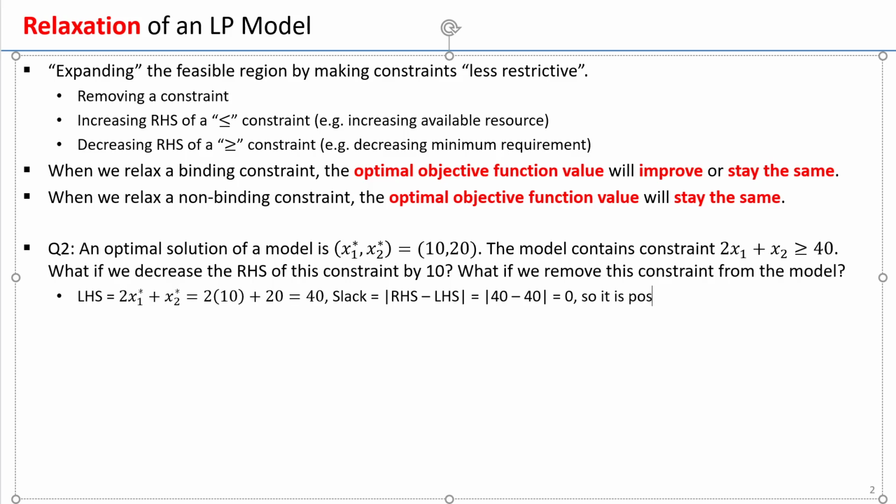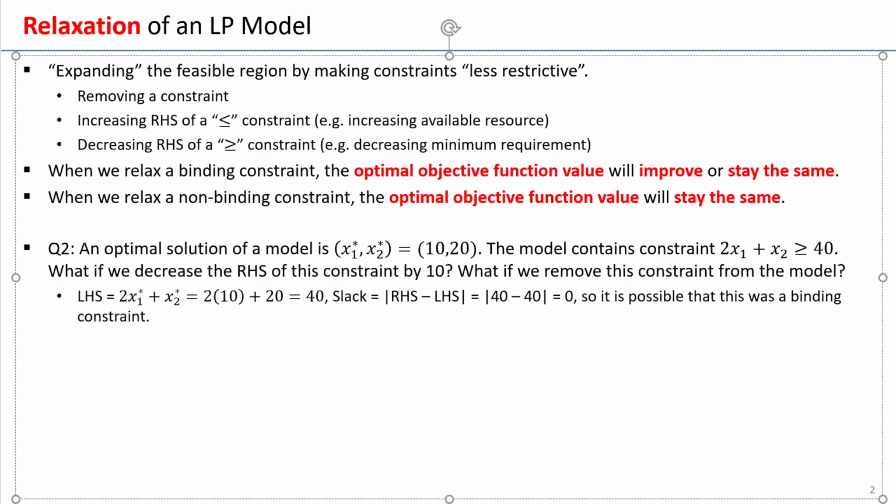Why am I not saying it for sure? Because if the slack is 0, we would have to check the shadow price, and if the shadow price for this constraint is not 0, we would be sure this is a binding constraint. But there are rare cases where the shadow price could also be 0, and in that case it could be just a coincidence that because of other constraints, this constraint is also satisfied with equality, but in fact it is not binding in the model. So it is possible that it is binding, but I don't have access to the shadow price to be sure.